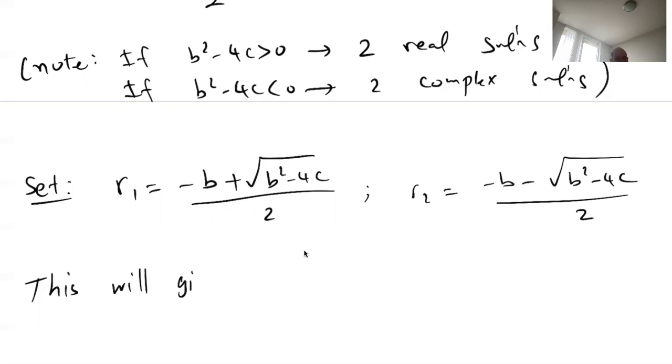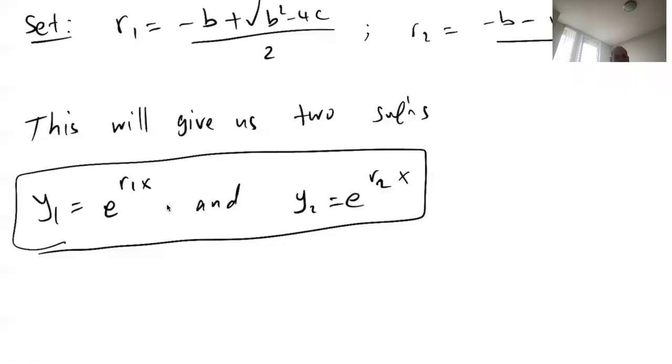So we found two solutions for our equation. But still we need to check that y1 and y2 are linearly independent.